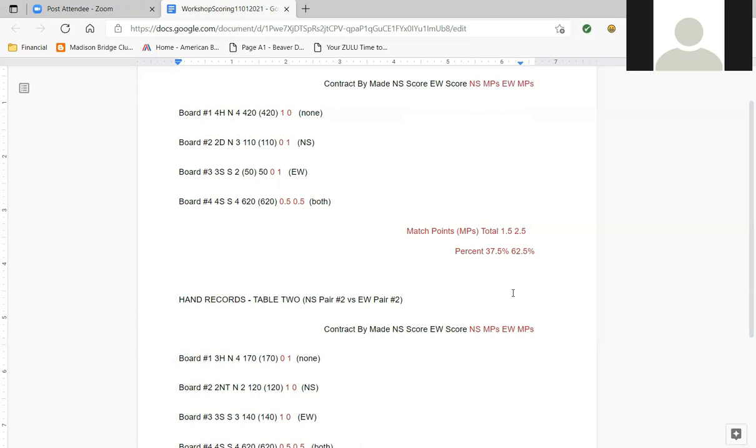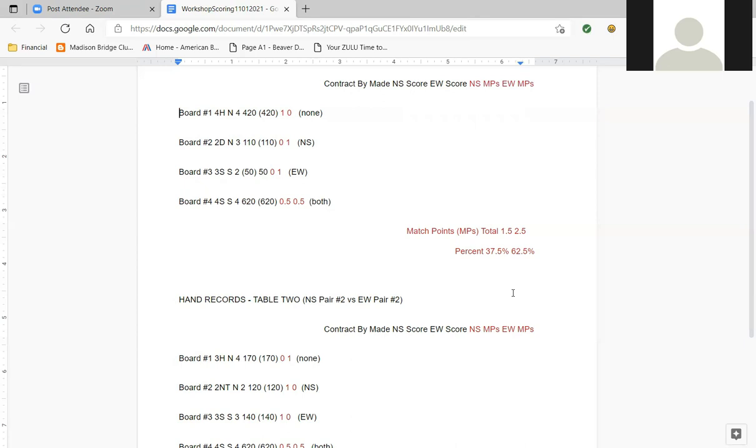You have to take the match points that you win, those are the MPs, and convert them into international match points, which are IMPs. So it's an additional step in the scoring scheme that you have to go through in order to score a team duplicate bridge game.